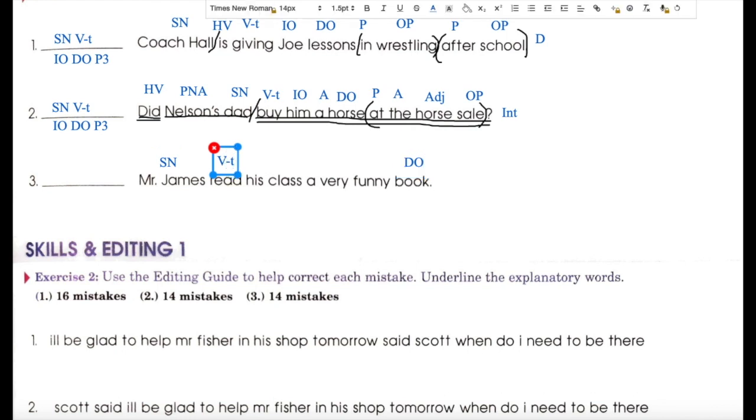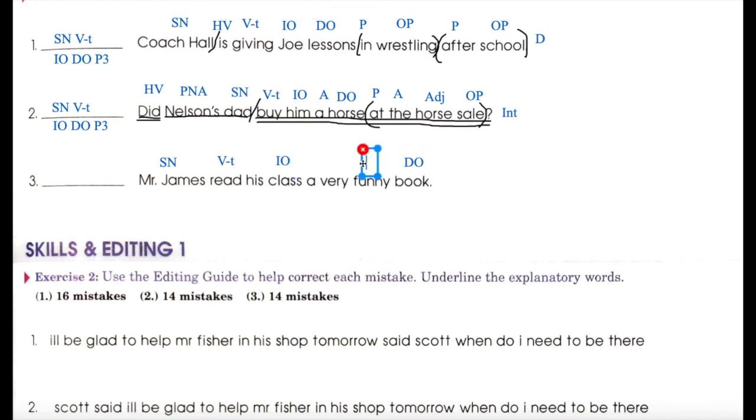Mr. James read book to whom? Class. To whom? It's an indirect object. It comes between the verb transitive and the direct object. What kind of book? Funny book. Funny is a descriptive word, so it's an adjective. How funny? Very. Very is answering how.